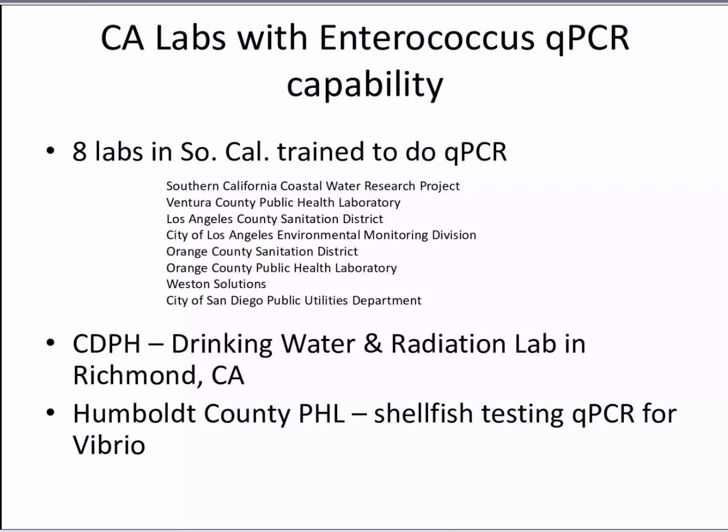And then the Humboldt County Public Health Lab, I knew they do a lot of shellfish testing, qPCR for Vibrio, and I just saw an email where they're trying to implement the qPCR for the gull marker. So I'm sure if you can do the gull marker qPCRs, you definitely can do the Enterococcus qPCRs.